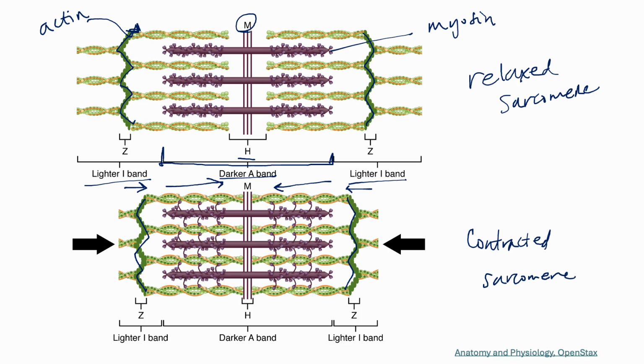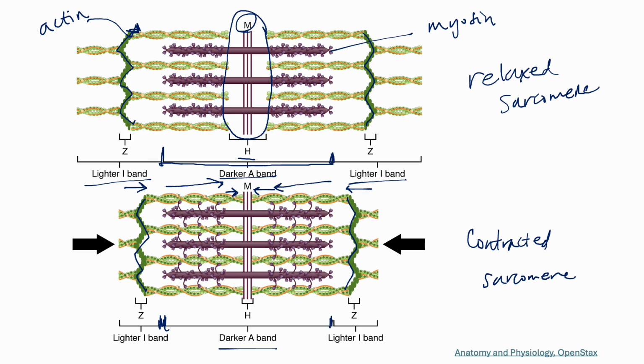So in the relaxed sarcomere, we had all this space in the H zone where actin proteins were not present. Now in our contracted sarcomere, the actin has moved into the H zone toward the middle. So let's think about how this changes. Our A band is the same exact length that it was.